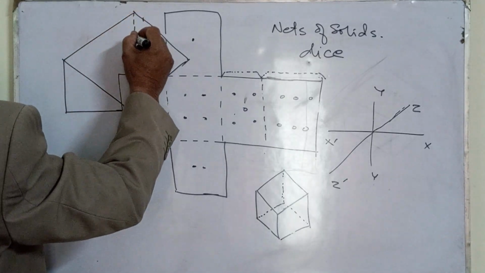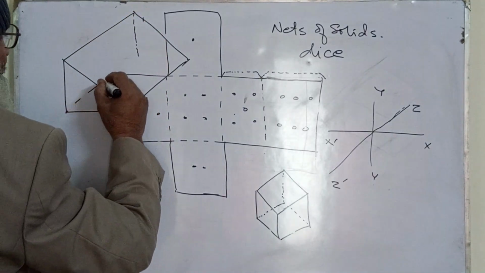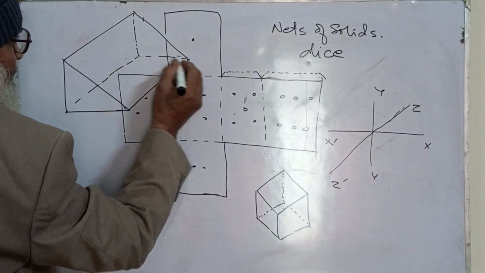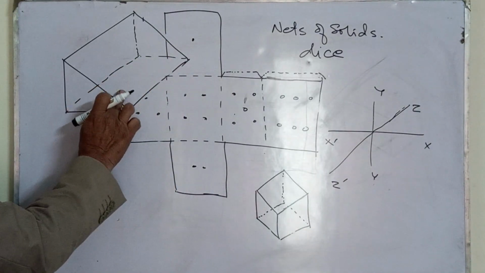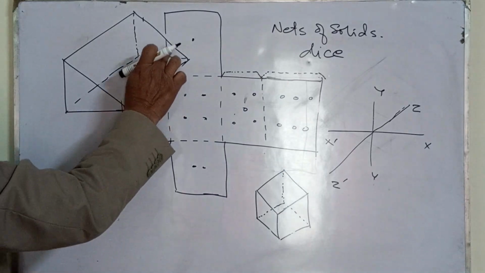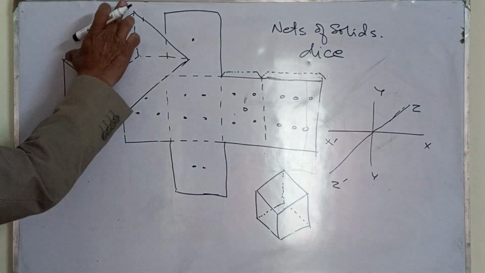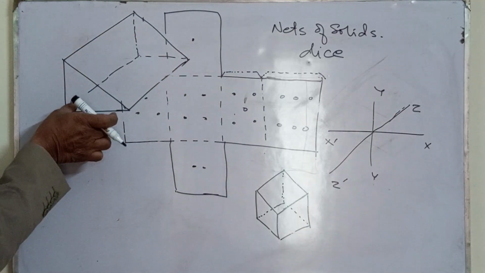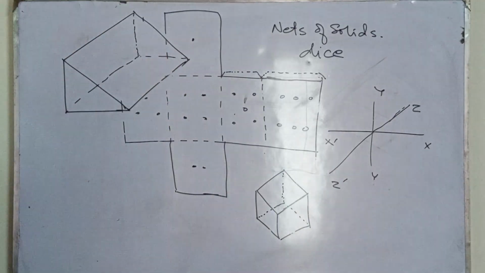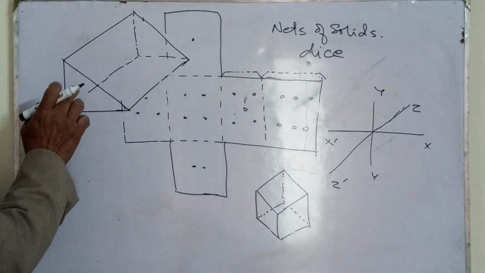Behind here are another two faces. If I erase these, you will find all the faces. This is one rectangular figure, this is another, and this is another. Two right angle triangles are also there. So there are five.